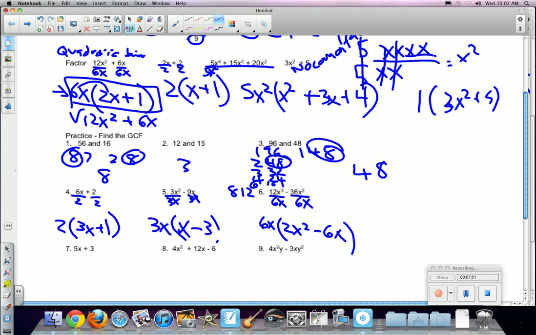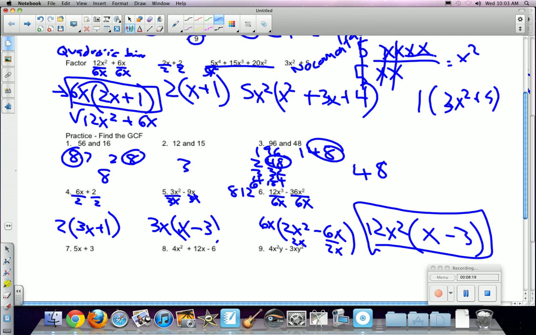I still have a 2x in there, don't I? So then I can divide that by 2x again, and then divide each of these by 2x, and I'm going to be left with x minus 3. So this would be the completely factored form.